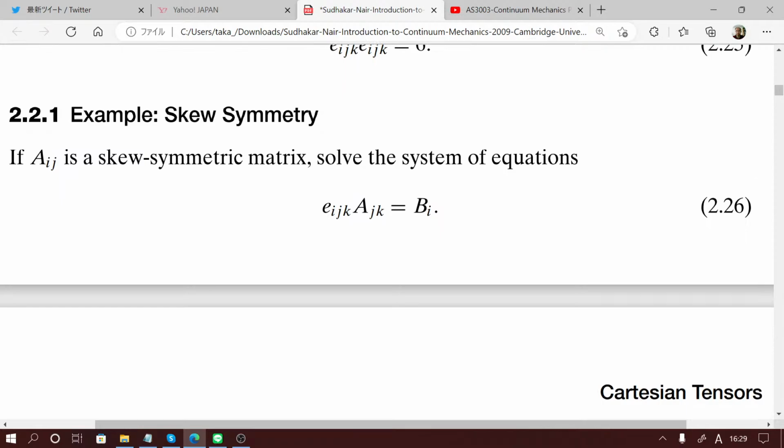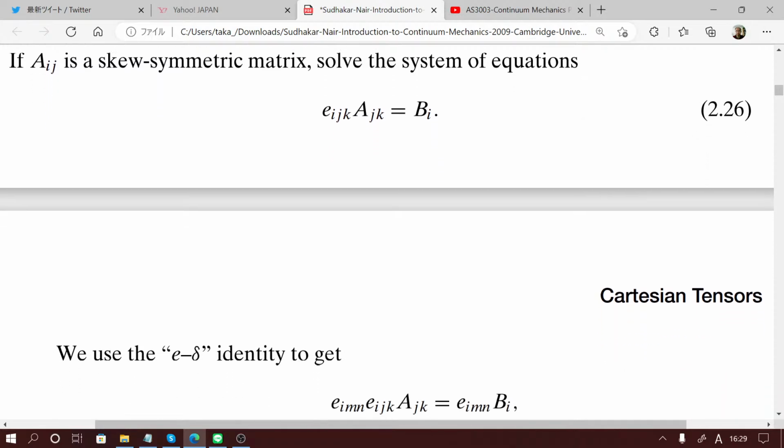Example, skew symmetry. If Aij is a skew symmetric matrix, solve the system of equations epsilon ijk Ajk is bi.